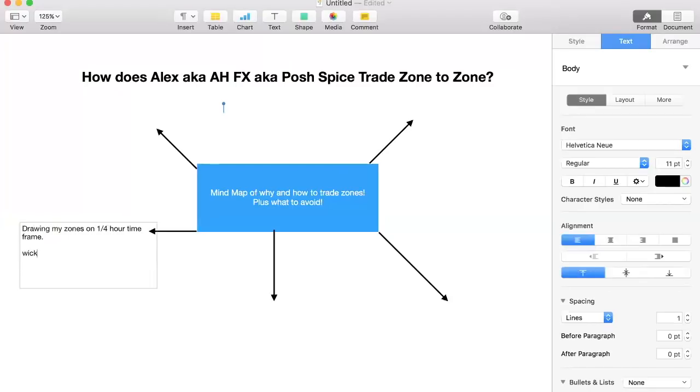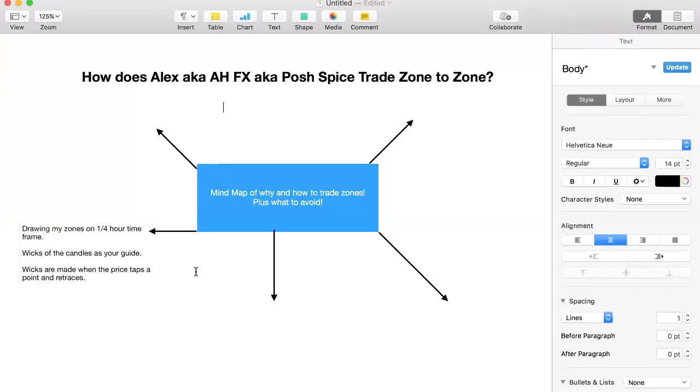Essentially, use the wicks of the candles as your guide. Wicks are made when the price taps a point and retraces, pulls back, whatever word you want to use. That's how a wick is created, because it taps a price and rejects. It could be a wick above the candle, or a wick below the candle.